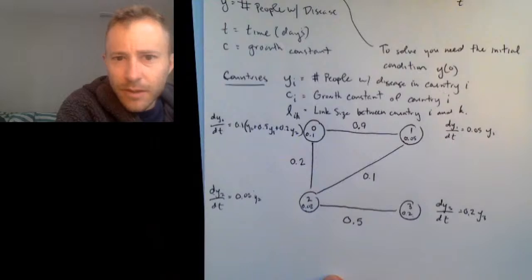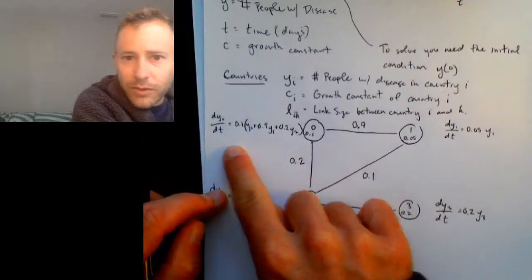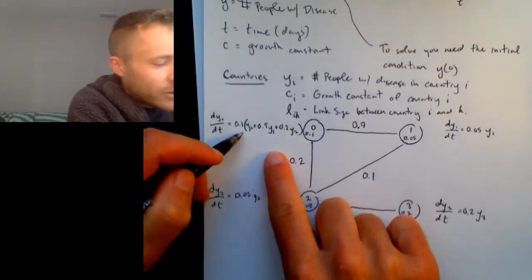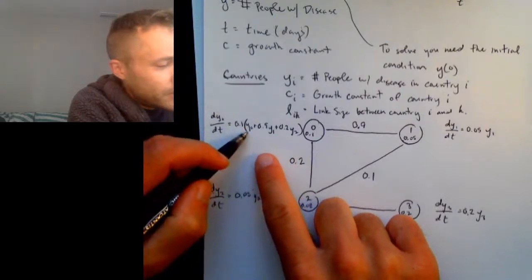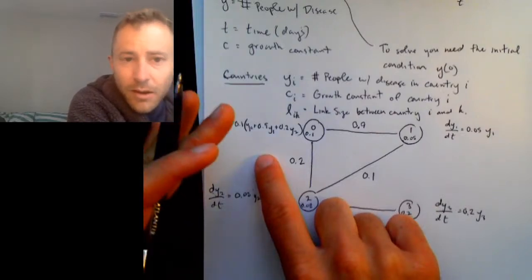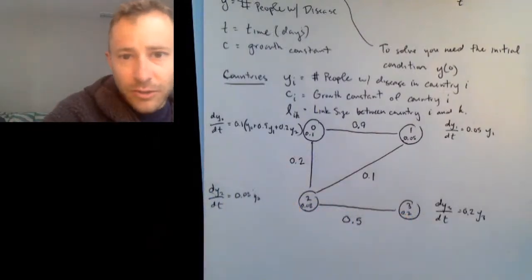All right. So this is the equation for the growth of country 0. Okay. So it depends not only on the amount of cases in the country itself, but also on the amount of cases in countries that it has a connection with.